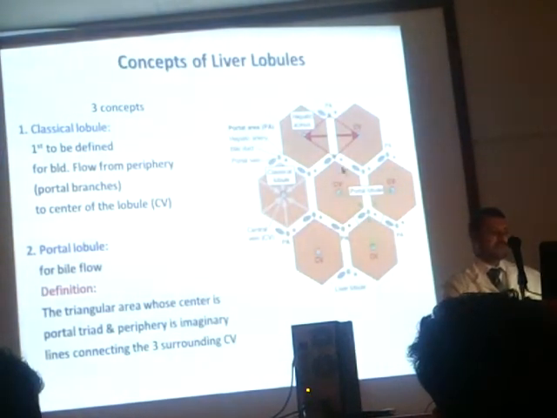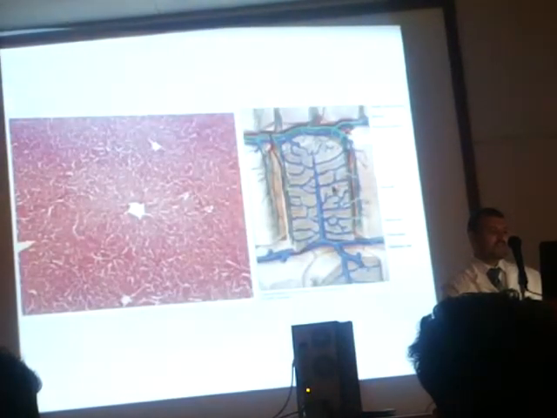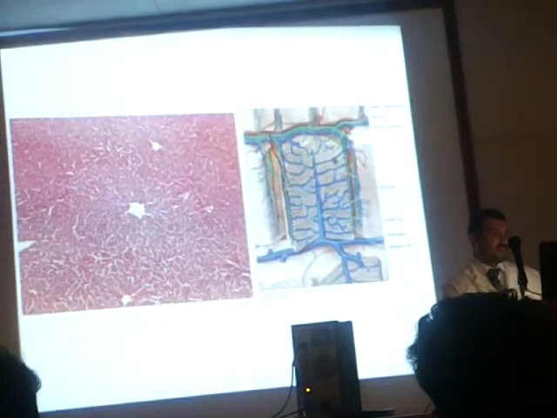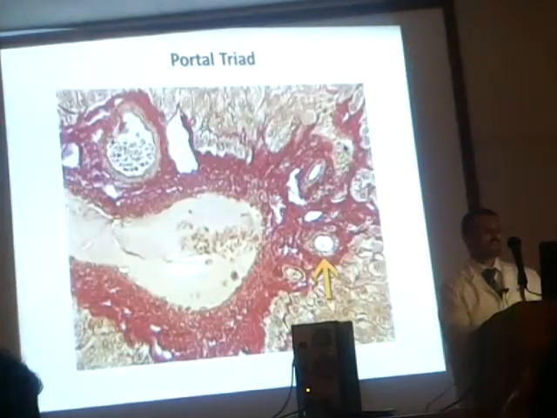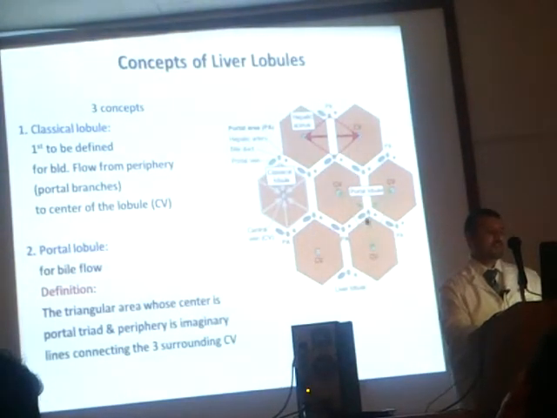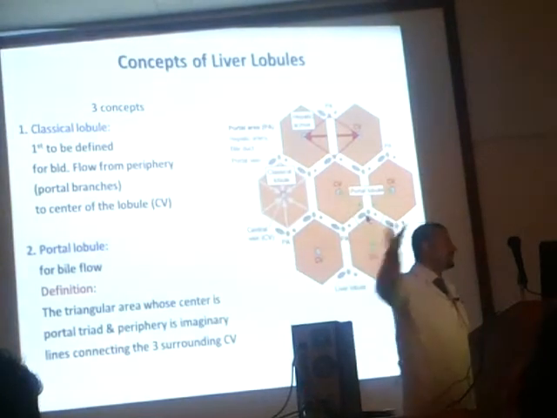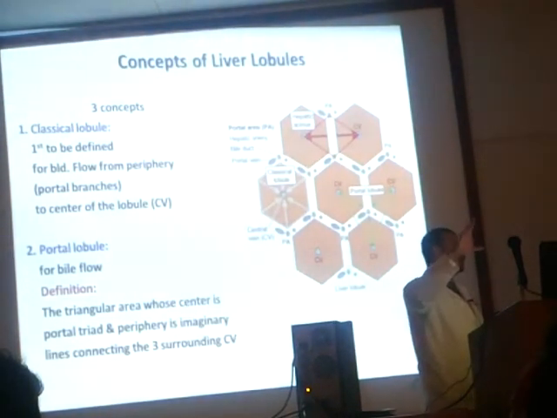How is bile produced? Bile is produced, as I showed you, by hepatocytes that release the bile into bile canaliculi. From the center, it will be draining all the way into where? The portal triad. So the center for this lobule should be what? Should be the portal triad, specifically the bile duct, which collects the bile from surrounding classical lobules.